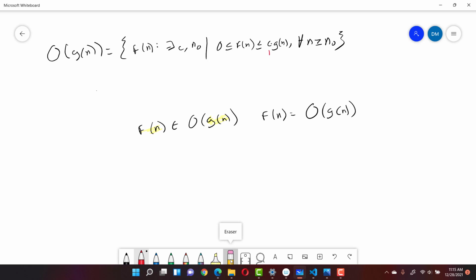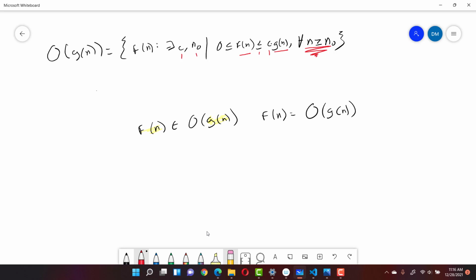Some constant times the function g of n will always be greater than or equal to my function f of n for all values of n that are large enough. And that's the asymptotic part of that. Now, c and n sub 0 here are constants. We don't really care what those values actually are. All we need to know is that they exist.